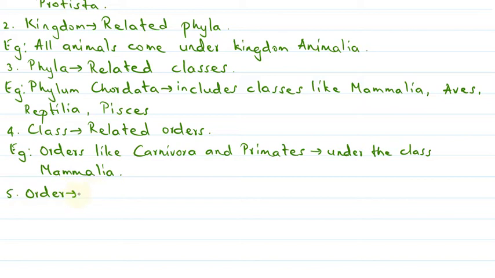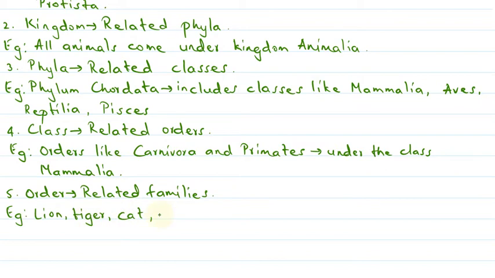So order consists of related families. Okay, we'll take an example. For example, there is lion, tiger, cat and wolf.